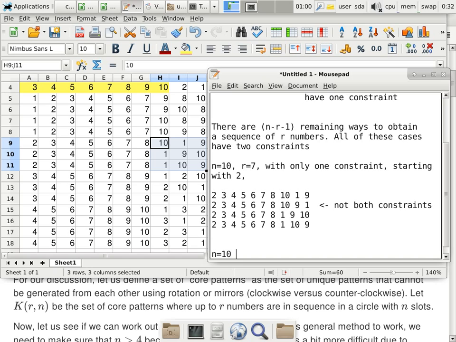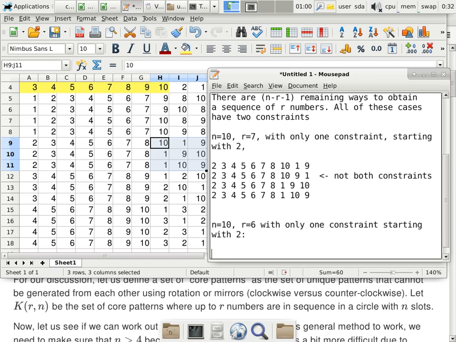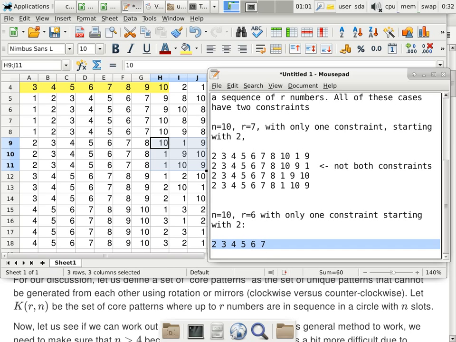Okay, n equals 10, R equals 6 in this case, and we want, with only one constraint, starting with 2. So we now have 2, 3, 4, 5, 6, 7, and then the rest is what we're interested in. We know that this cannot be an 8, so it can be a 9, right? So let's just figure this out.